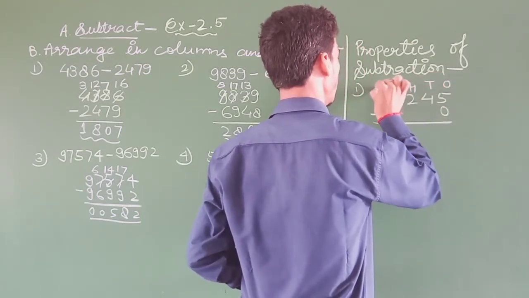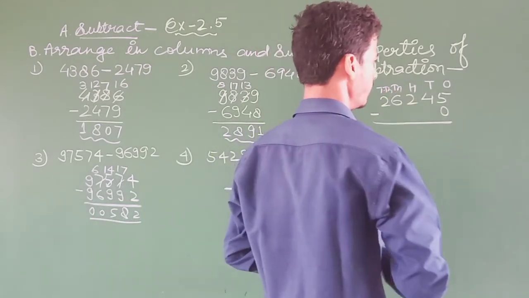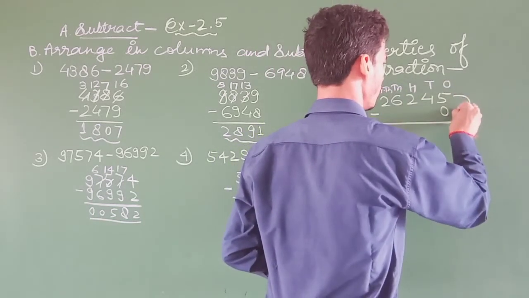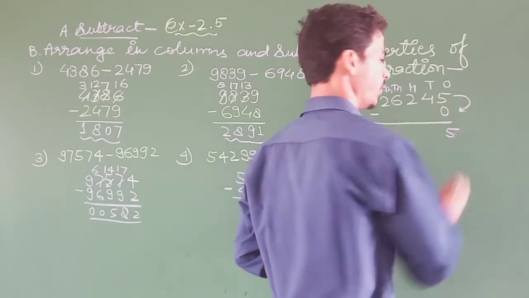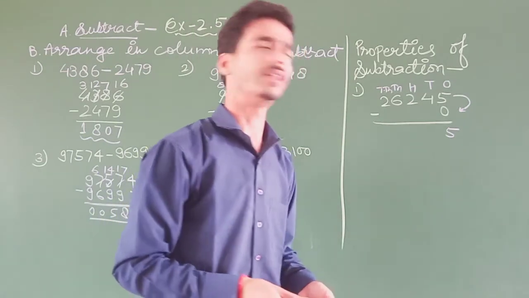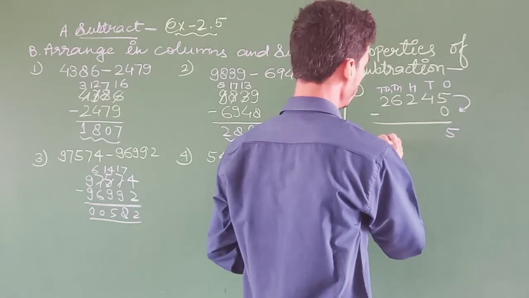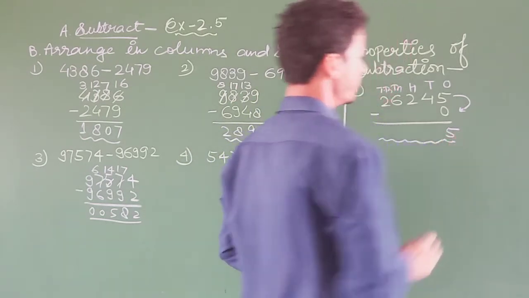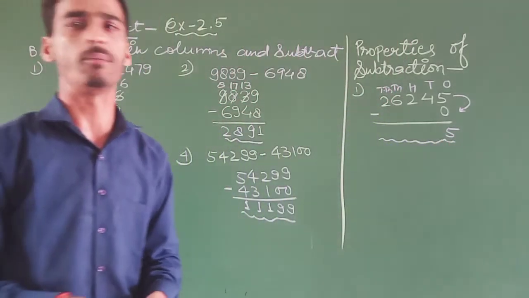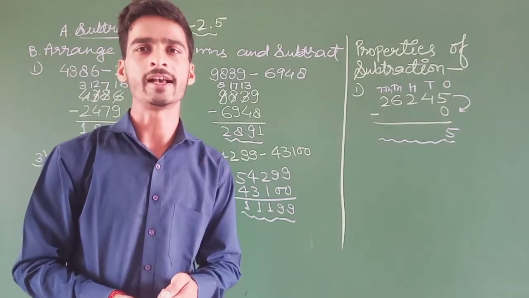When we subtract 0 from 5, that is 5. So you can see here that when 0 is subtracted from a number, the difference is the number itself. Now come on next property.